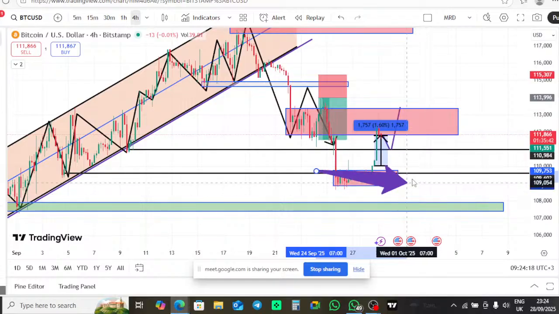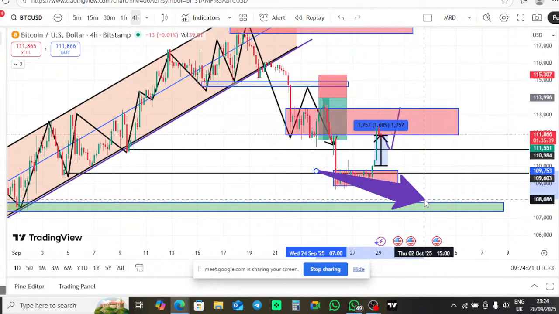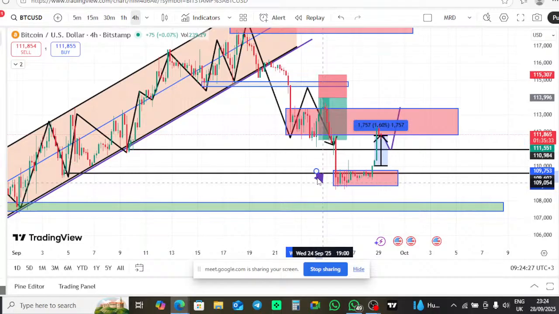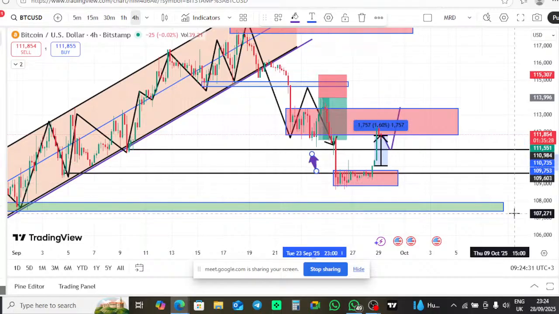Altogether, it's between 109,600 and then another price. The market will be moving around there. Then another price is 111,854. That's where we expect the market to range, around there. It will be moving around that price.